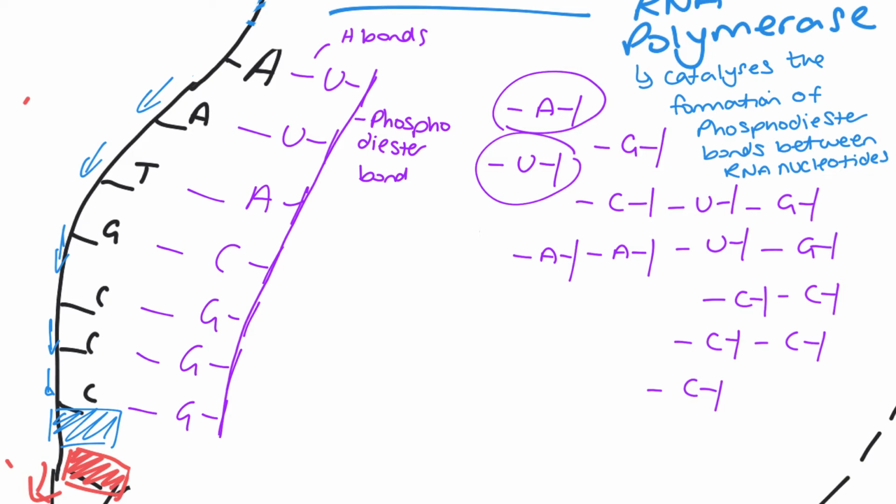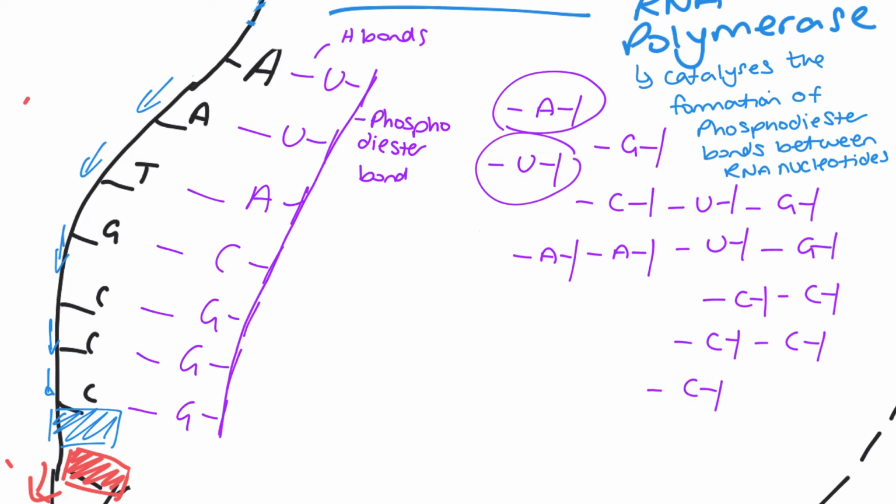As all this is happening, the DNA helicase was going down and unwinding and unzipping by breaking the hydrogen bonds, and the RNA polymerase was following closely behind, causing the formation of the phosphodiester backbone on the RNA strand. As this is happening, just behind that, the DNA is rewinding and rezipping and reforming its hydrogen bonds.